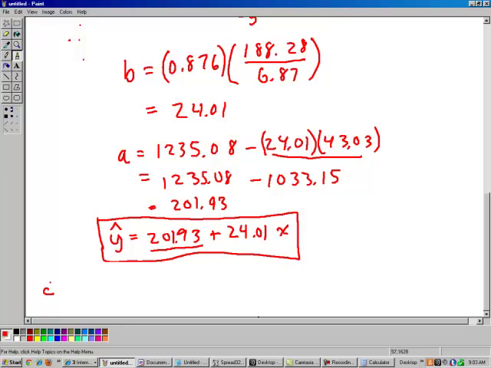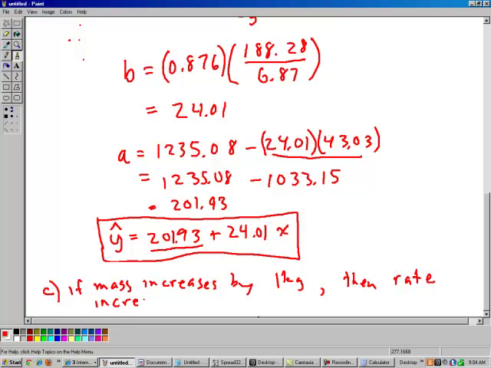So in other words, for part C here, if the mass increases by 1 kilogram, then the rate, the metabolic rate, but I'll just say rate, increases by about 24 calories per day.